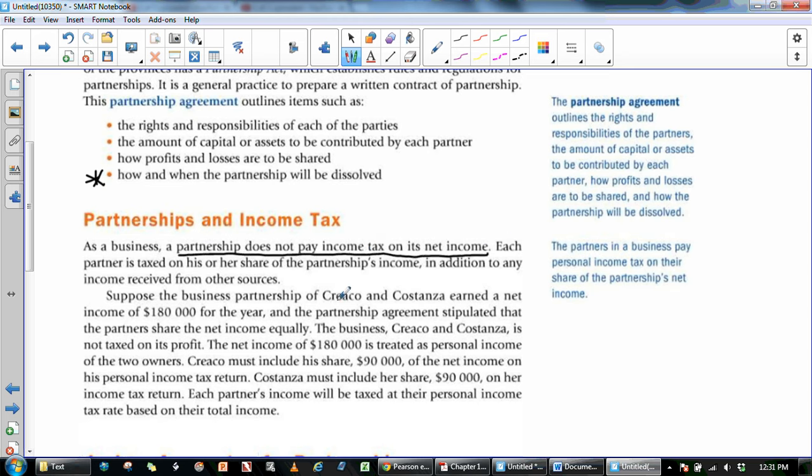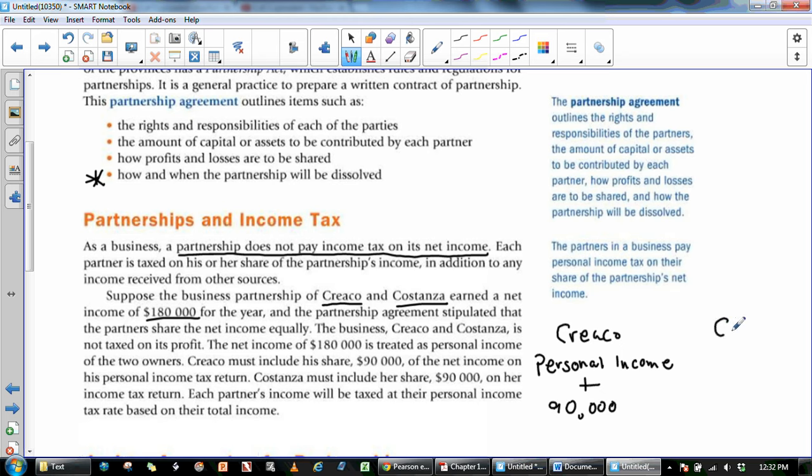Okay, so say we have this business partnership between Crico and Costanza, all right? And they earn a net income of 180,000 for the year. And the partnership agreement says that they're going to share this net income equally. So now, let's say Crico has his personal income, whatever his personal income is, plus 90,000 goes on his tax return.